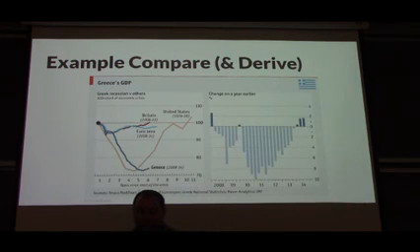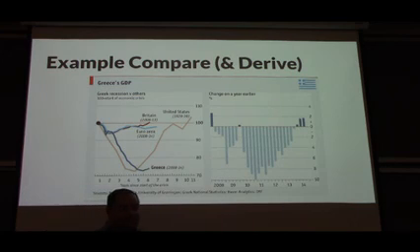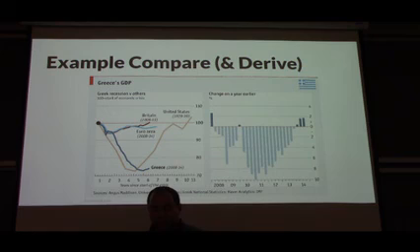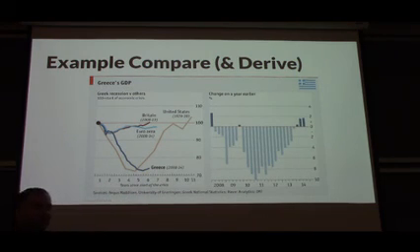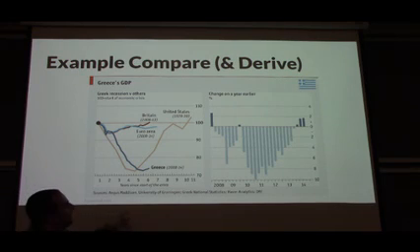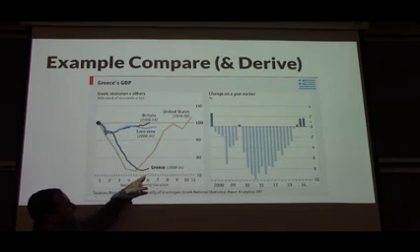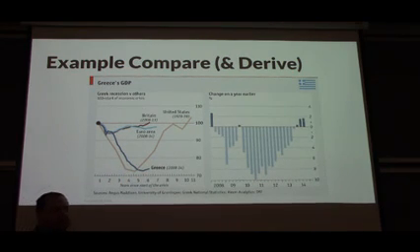And so here's a good example for comparing and also for deriving. This is a visualization of a couple of different recessions: in Britain in 2008, in the euro area in 2008, in Greece in 2008, and the Great Depression in 1929 in the United States. And this shows us the change in GDP, I think. We see that the Greek economy from 2008 to 14 resembled a lot the Great Depression in the United States.